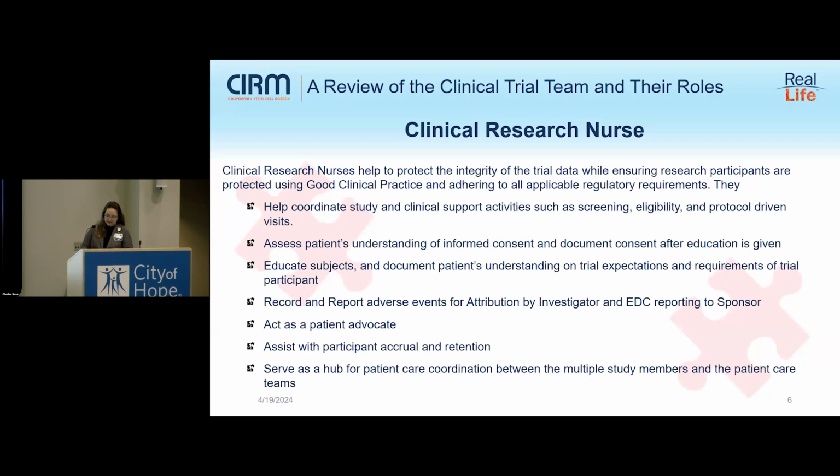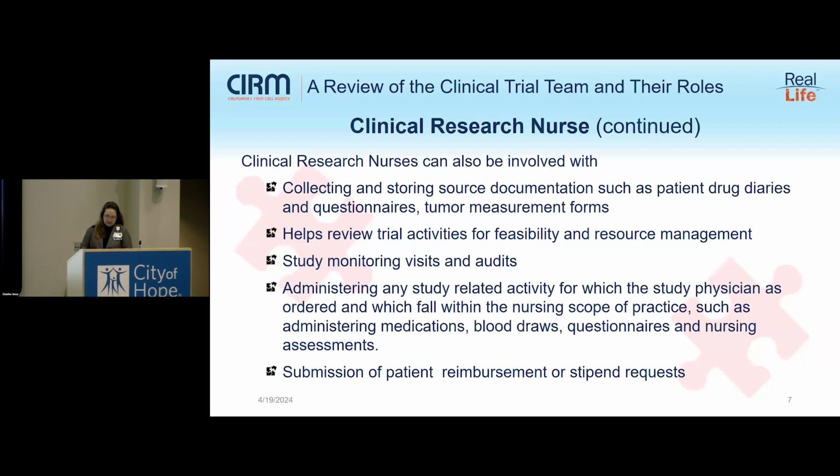time frame needed. So the clinical research nurses are also involved with collecting and storing source documentation, such as patient diaries, questionnaires, along with tumor measurement forms before they're uploaded to the electronic data management systems that we have. They are also responsible for reviewing trial activities for feasibility and resource management. So this should be done hopefully up front.